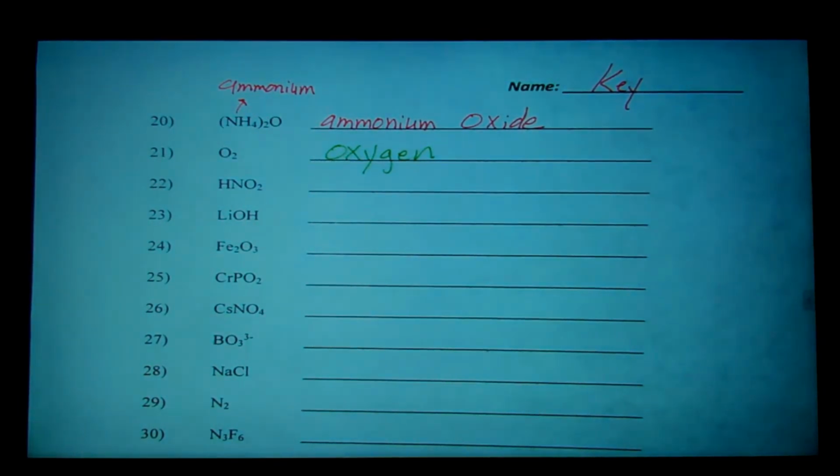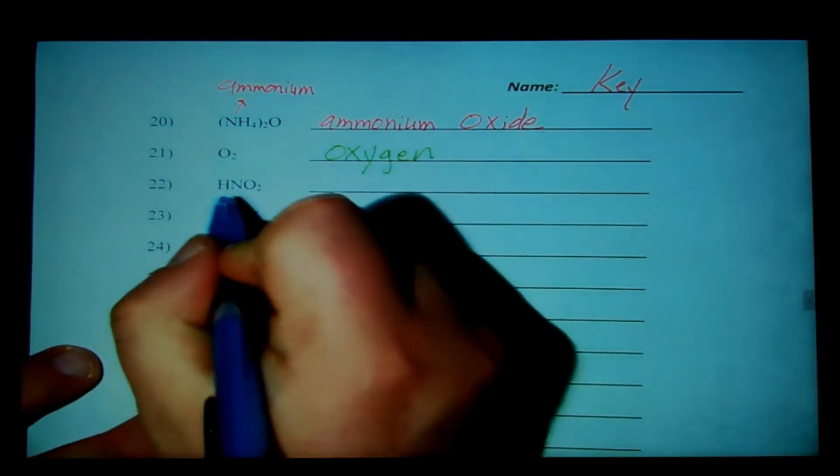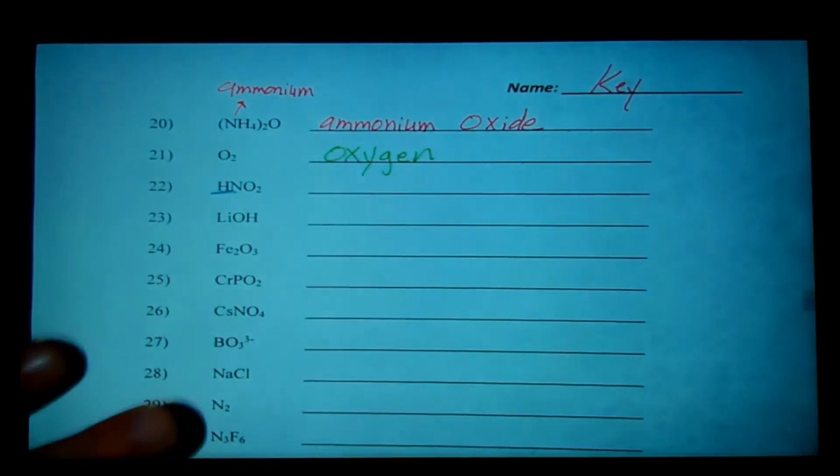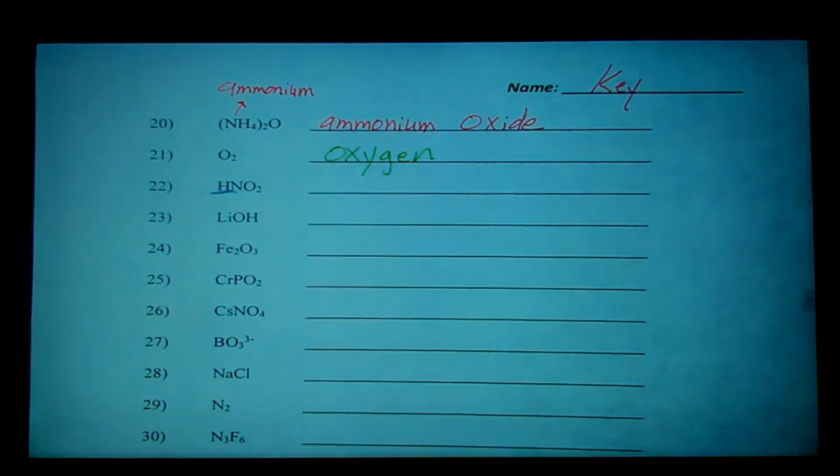We have HNO2. So I have hydrogen first, which means I'm dealing with an acid. Dead giveaway. Now I count. I have 3 elements. With those 3 elements being present, that tells me there's a polyatomic. So I'm dealing with an oxyacid and not a binary acid. So hydro will not be used in this. I need to find the polyatomic I normally am dealing with. I have nitrogen and oxygen, which comes from the nitrate family.